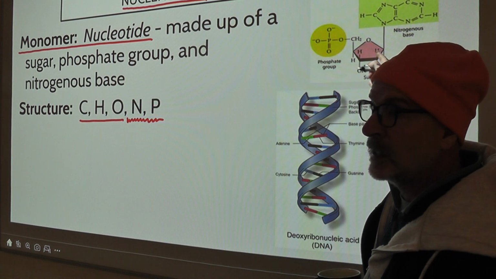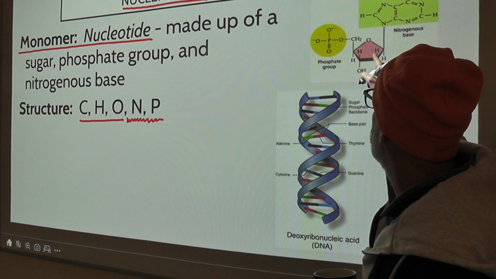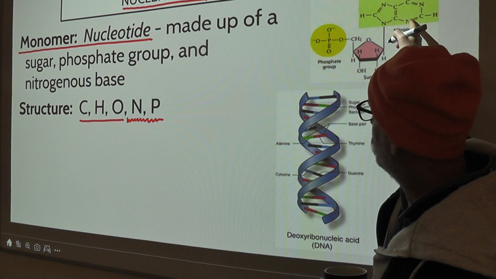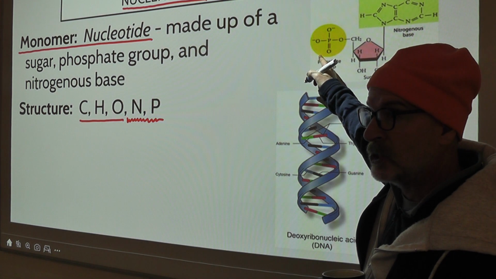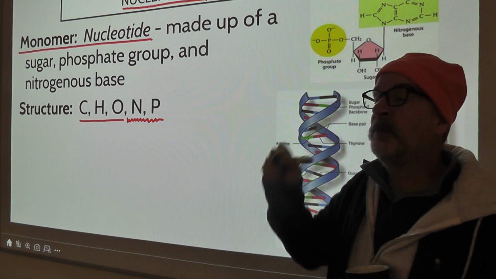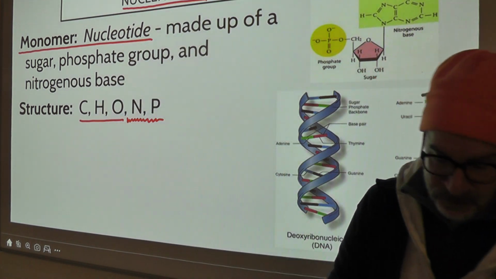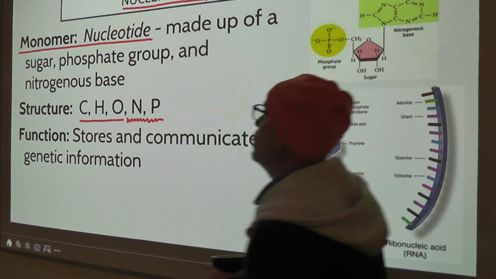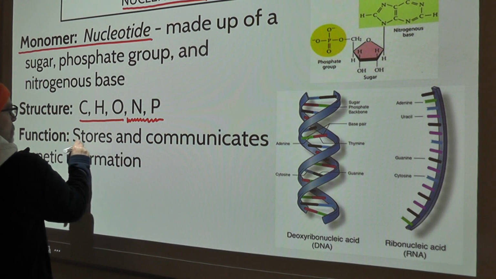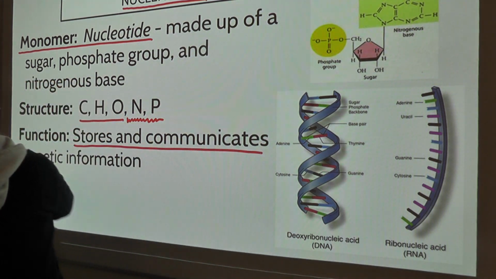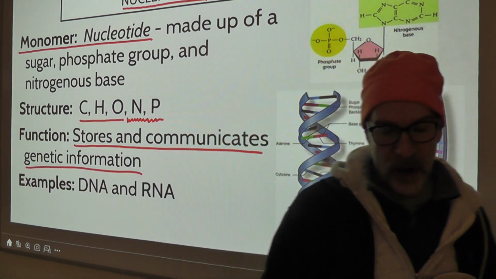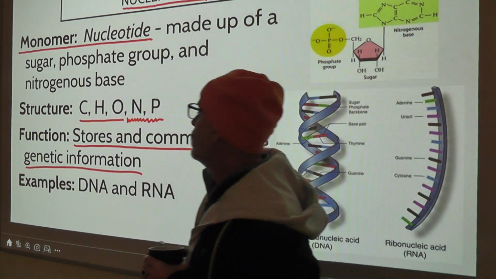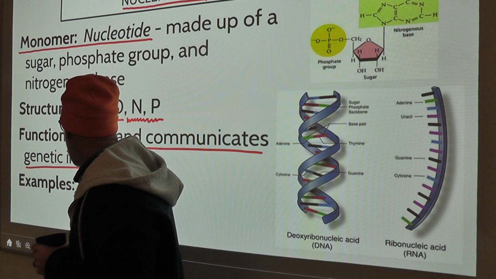It's an actual little piece of sugar, but because it's hooked to this piece that has all this nitrogen, this piece that has phosphorus and a whole bunch of oxygen, functionally it ends up being really different, okay? The main function of nucleotides is to store and communicate genetic information. So DNA and RNA are primary types of nucleic acids.